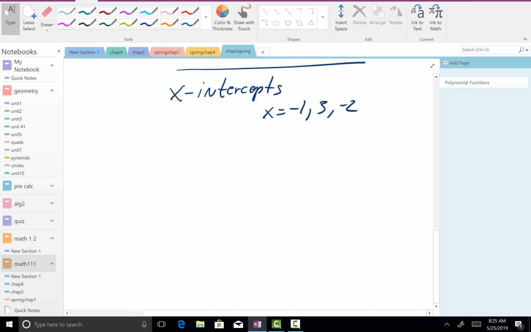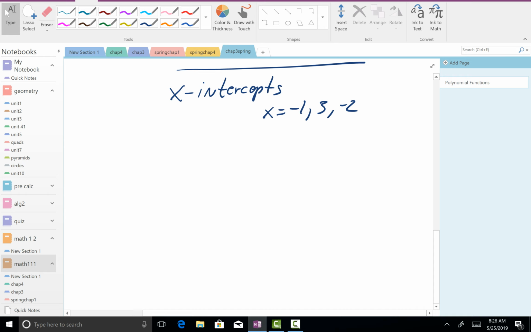Let's try another one. Parentheses x minus 1. I'm going to put a number out in front of this. Fourth degree. Why?